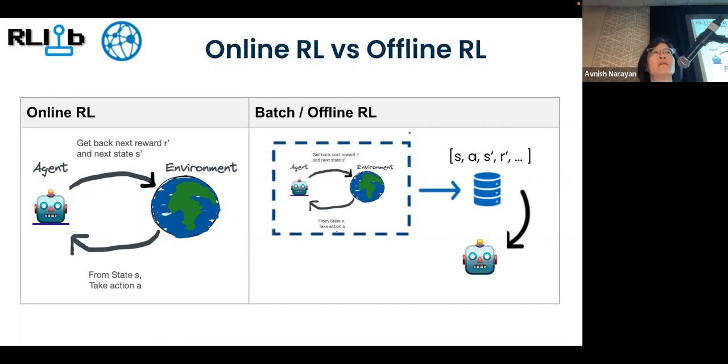In offline RL, you train an algorithm based on past agent environment conversations. This data could be log files of user interactions with items. And it could be from a traditional ML system, in which case you just need to convert the session information into a trajectory of state action reward tuples.